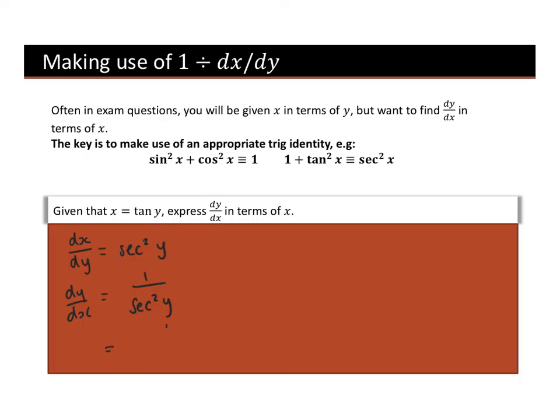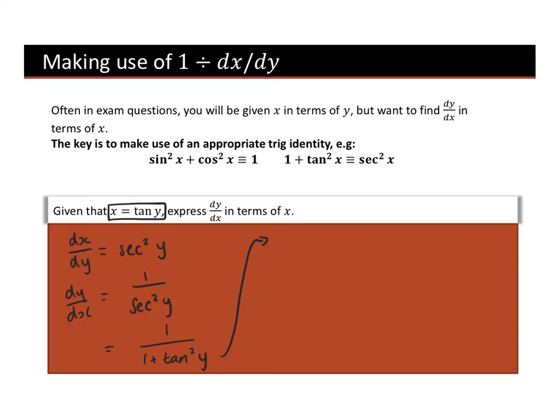So this equals 1 over 1 plus tan squared x. Now remember, x equals tan y, yeah? So I have, that should be a y.